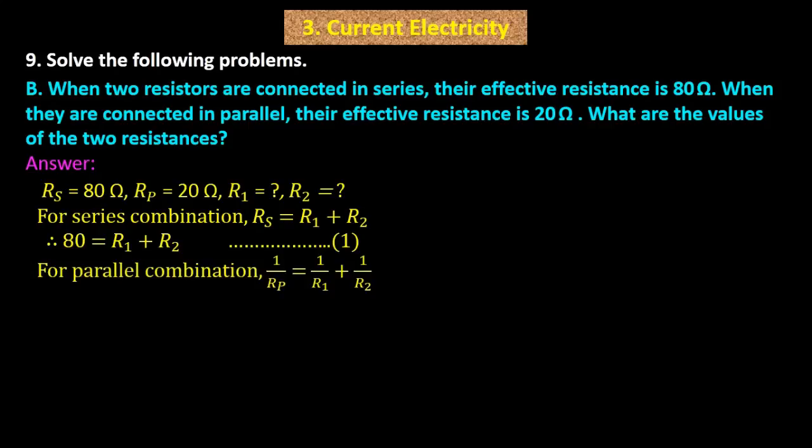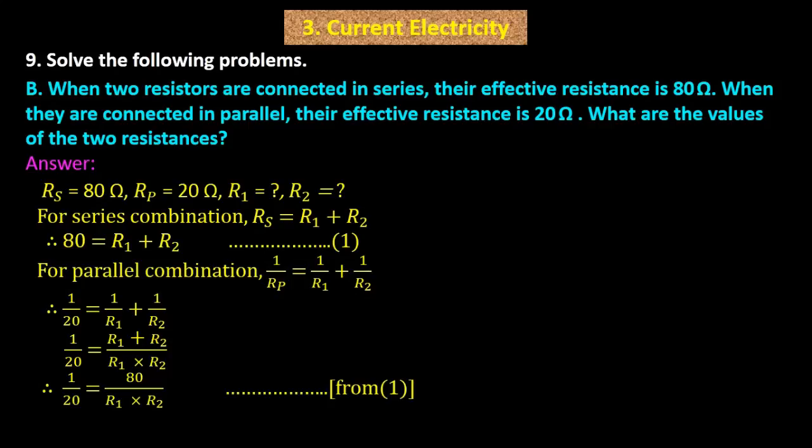For parallel combination, 1 upon Rp is equal to 1 upon R1 plus 1 upon R2. Therefore, 1 upon 20 is equal to 1 upon R1 plus 1 upon R2. Therefore, 1 upon 20 is equal to R1 plus R2 divided by R1 multiplied by R2.